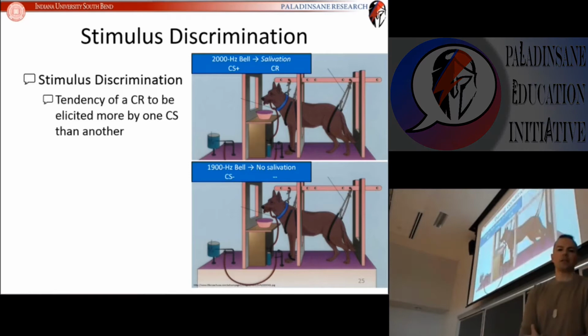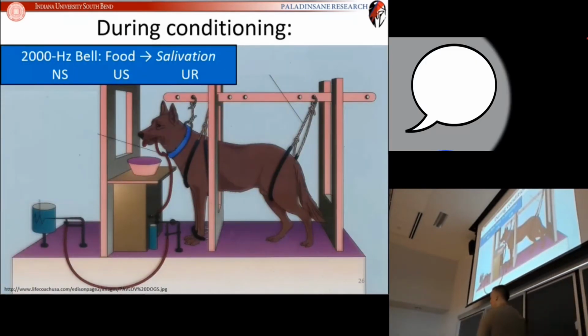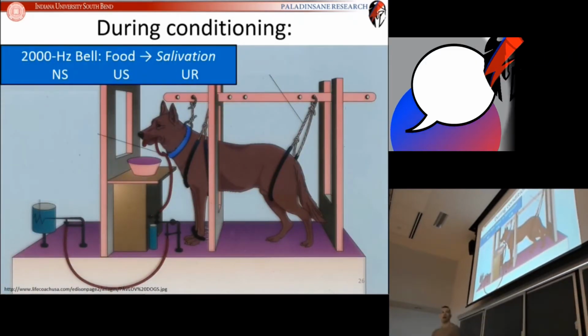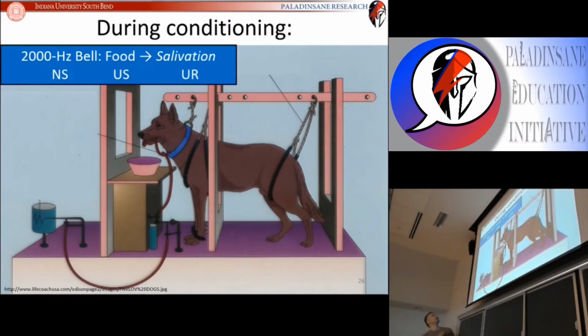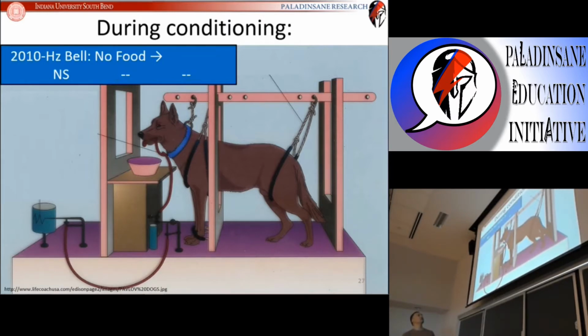So you might do another session and train a new dog. 2000 hertz bell, neutral stimulus, food, unconditioned stimulus, causes salivation, the unconditioned response. So that's one training trial. Randomly interspersed is going to be a 2010 hertz bell, which at this point is a neutral stimulus that is paired with no food, so no unconditioned stimulus, and that leads to no response.